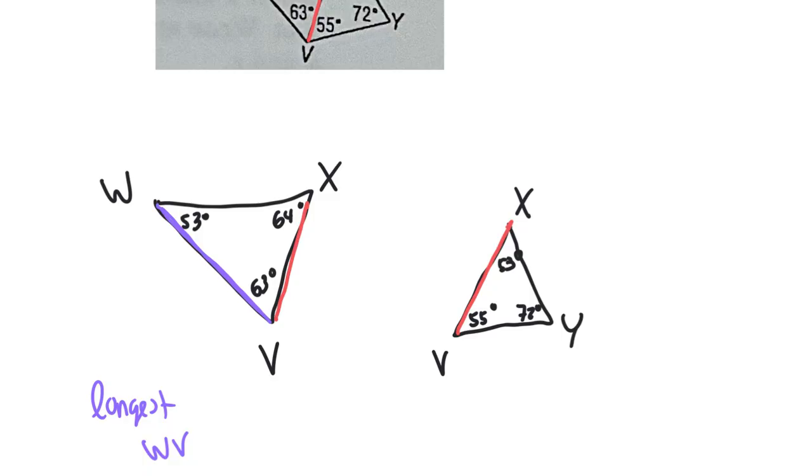But we also need the shortest side. Now, the shortest side of this triangle is XV, but XV is the longest side of this triangle. So the shortest side of this triangle must be the shortest side out of all of these. So the shortest side of this triangle is VY.